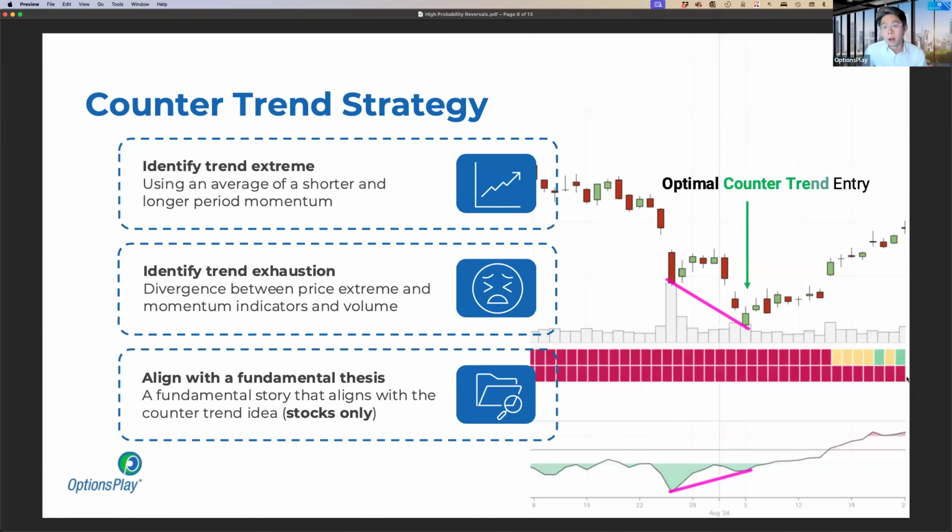It's basically saying, when does a security deviate far enough away from the mean that you believe it's going to revert back to the mean? That is by definition a counter trend or reversal strategy.